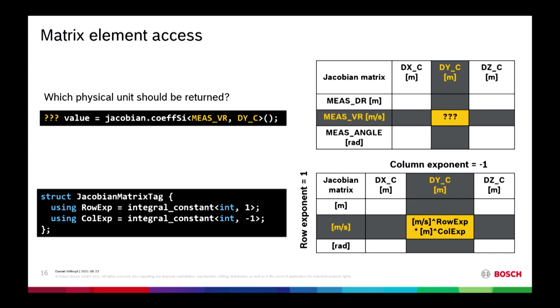And then the general rule for the physical unit in such an element is given here on the bottom right. So we're taking the row unit, meters per second, raise it to the power of the row exponent, 1, and then we multiply it with the column unit, meters raised to the power of the column exponent, which is -1, meaning we end up with a division of meters per second divided by meter, and we get 1 divided by second, or hertz.